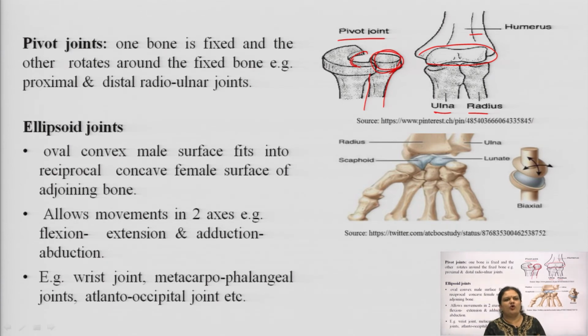Then we have the ellipsoid joint. Here the oval convex, or sometimes called the oval convex male surface, fits into the reciprocal, meaning opposite, concave female surface of the adjoining, meaning nearby supportive bone, and it allows movement in two directions, or we can say two axes.